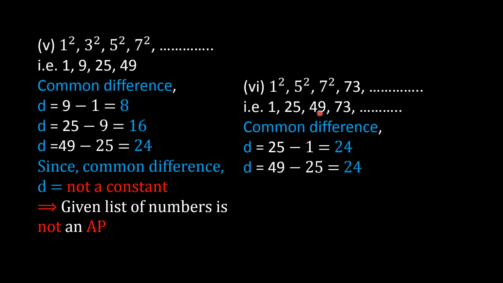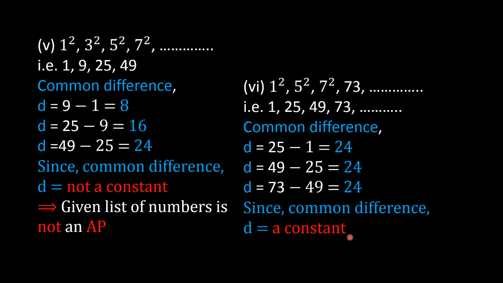Next, by using 49 and 25, 49 minus 25 is 24. Next, by using 73 and 49, 73 minus 49 is 24. Here we observe that the common difference d in each of these cases is the same. Since the common difference is a constant number, it implies that the given list of numbers is an AP.